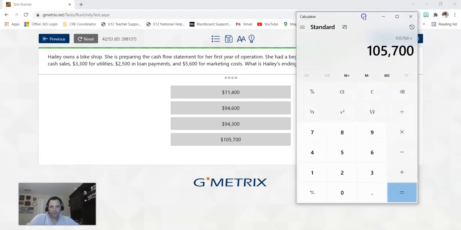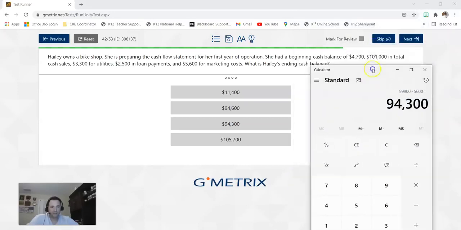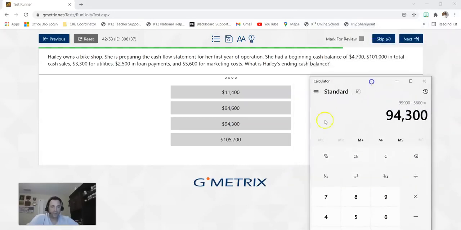Now we have to subtract her expenses. So we're going to subtract $3,300, $2,500, and $5,600, which gives us an ending cash balance of $94,300.